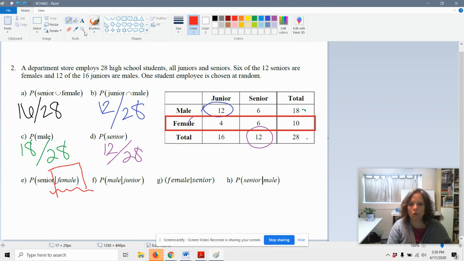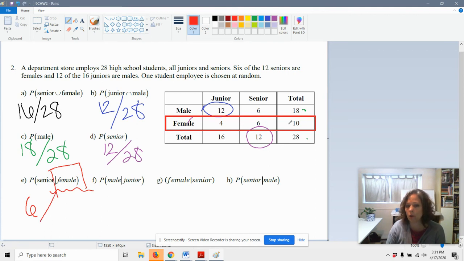All this is gone. We're going to ignore it, okay? So what we're interested in is the probability of being a senior. Well, it's conditioned on being female, right? So we're only going to look at that 6. The total number of seniors in that female category is 6.